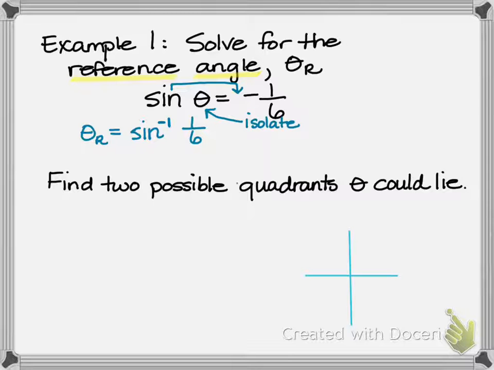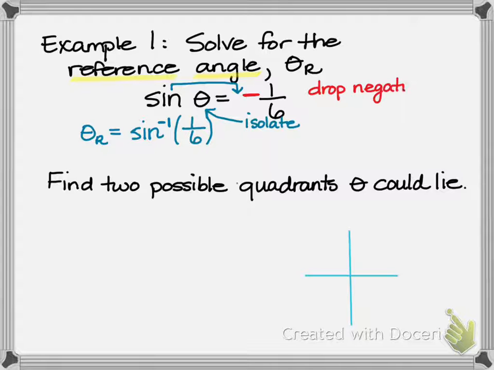Now, I want you to notice that I did not include the negative of the 1/6, okay? Even though the negative is given to me in this problem, notice this is negative here, I did not include that negative when I rewrote the equation. So what I want you to do every single time is, if you have a trig function equal to a negative value, I want you to drop the negative, okay?